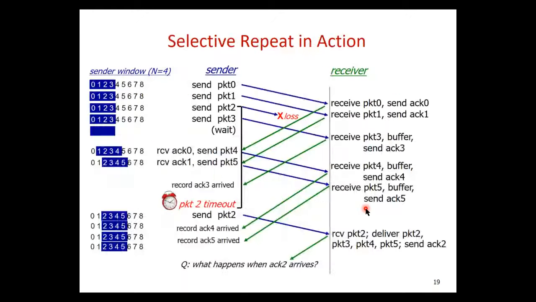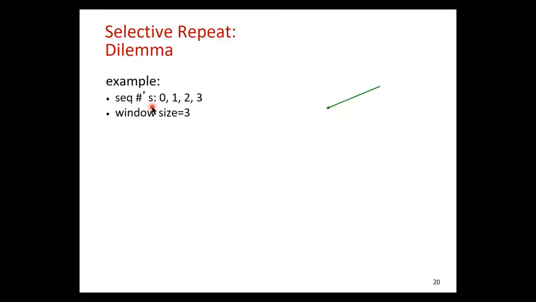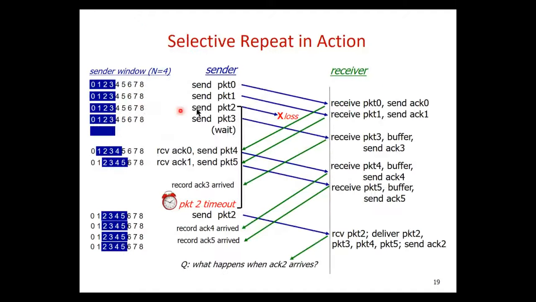Okay, let's look at selective repeat in action. We also have a window size of 4. Like before, the sender sends 4 packets before it stops and waits. We also assume that packet 2 is lost.